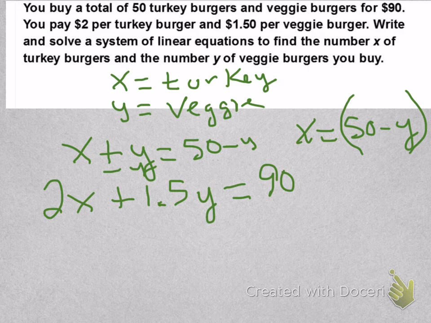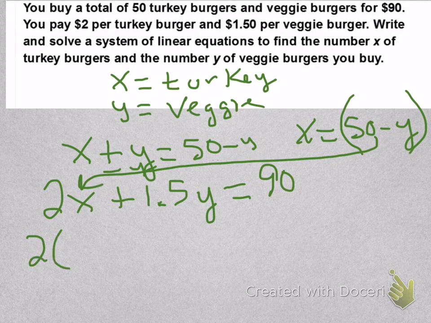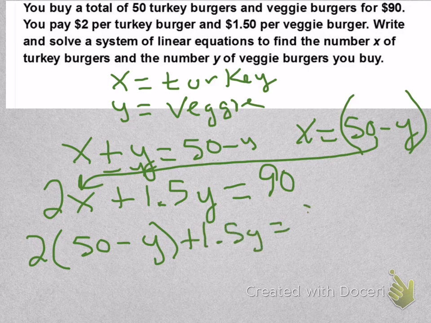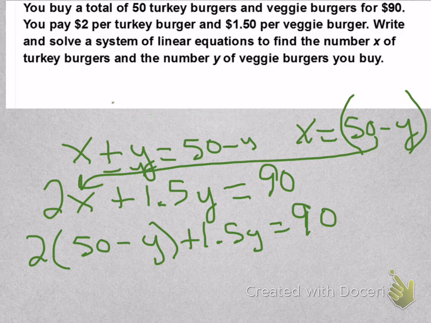So now we're going to plug all of this into our x. So now I have 2 parentheses, 50 minus y, close the parenthesis, plus 1.5y equals 90. So now we distribute. I'm just going to erase up top so I can move part of my equation here.